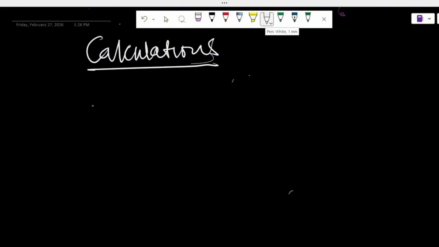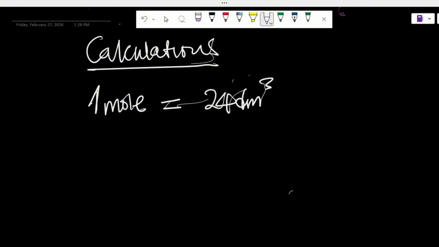Now sometimes when you're dealing with mole of gases, remember that you have 1 mole which is equal to 24 decimeter cubed. Now this means that sometimes you might be given the number of moles. Let's say that the number of moles of carbon dioxide at room temperature and pressure is actually, let's say, 2 moles. So find the volume of carbon dioxide at this particular temperature.